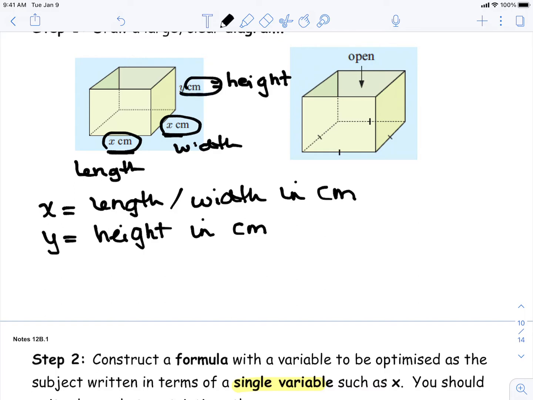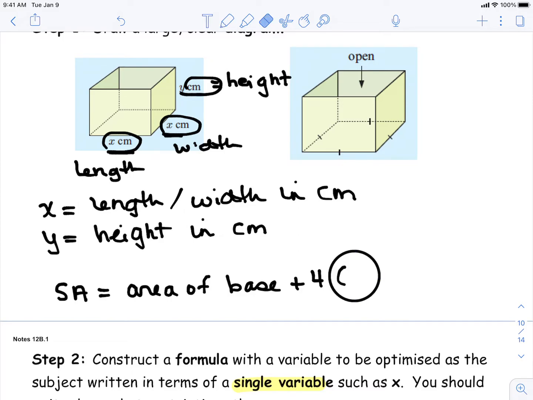And we need to change that to a surface area problem. Surface area is found by taking the area of a base plus the 4 areas of one side.